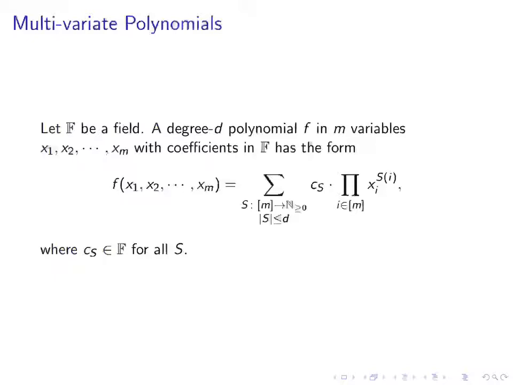The tool that we use here is to construct a binary tree in terms of multivariate polynomials. Let F be a field, then a degree d polynomial over the field can be written in this form: the summation of monomials where the coefficient belongs to the field and the degree of the monomial is at most d.